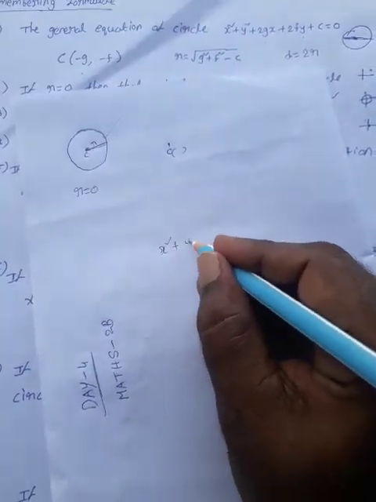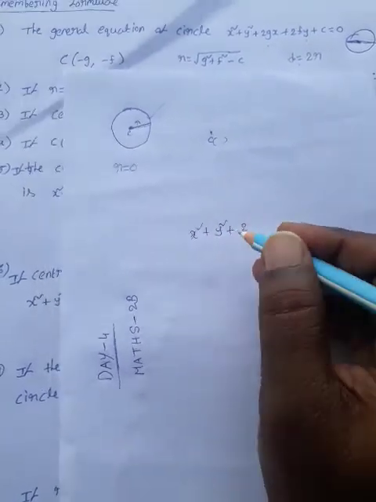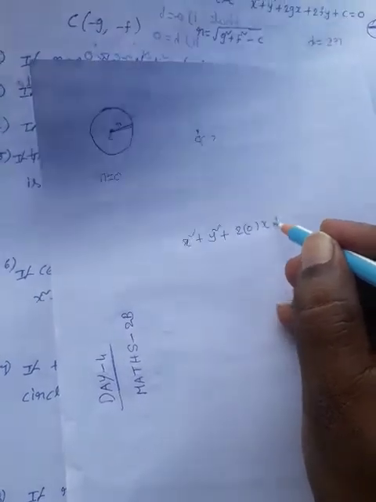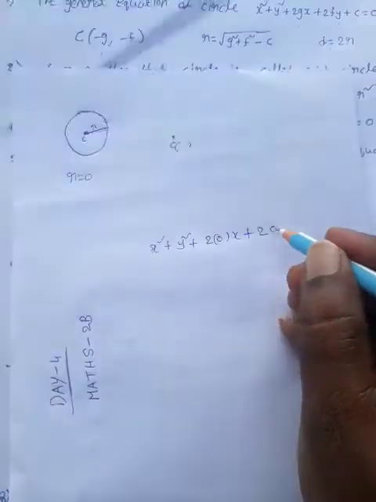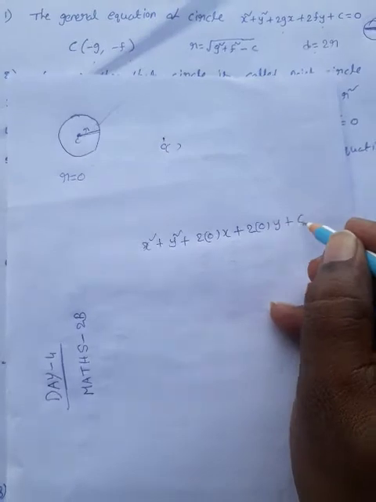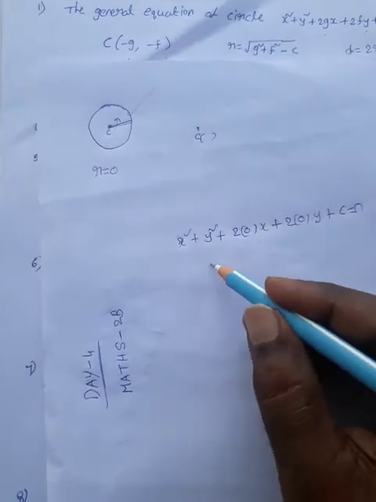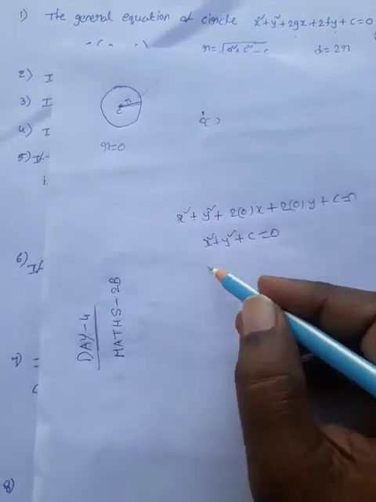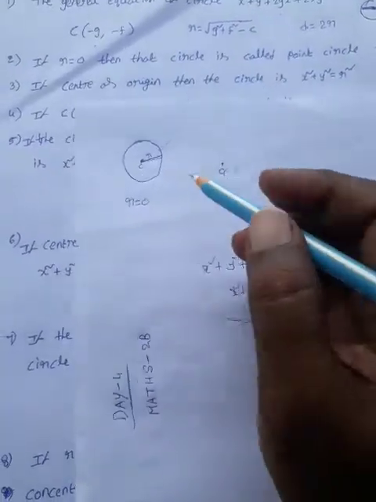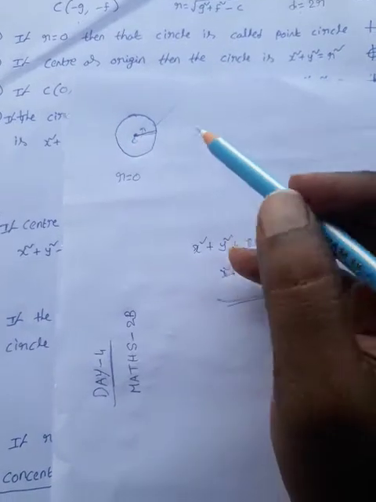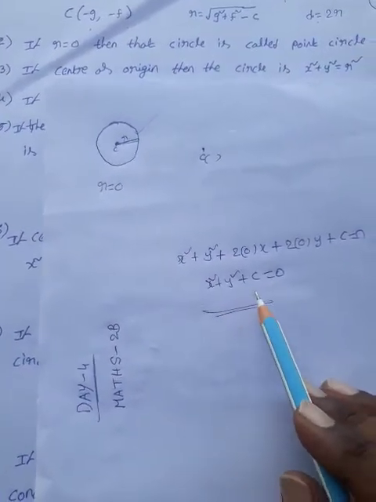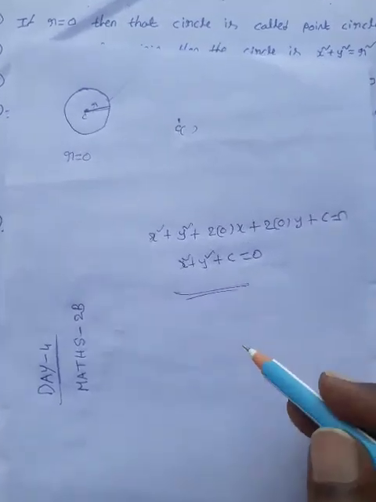Substitute g is equal to 0 and f is equal to 0: x square plus y square plus 2 into 0 into x plus 2 into 0 into y plus c is equal to 0. That is x square plus y square plus c is equal to 0. If center is origin, then the equation of the circle is x square plus y square plus c is equal to 0.